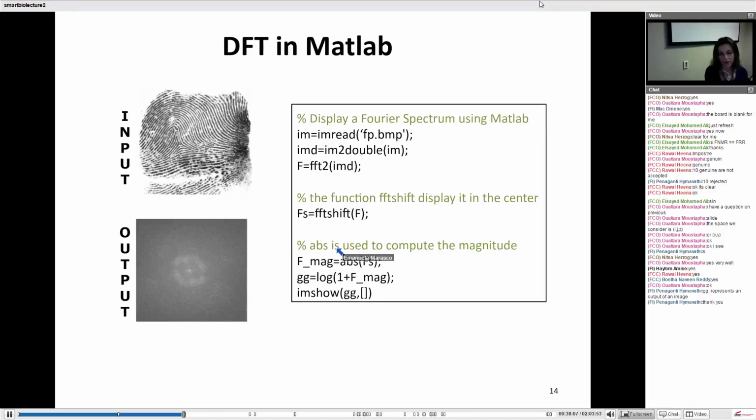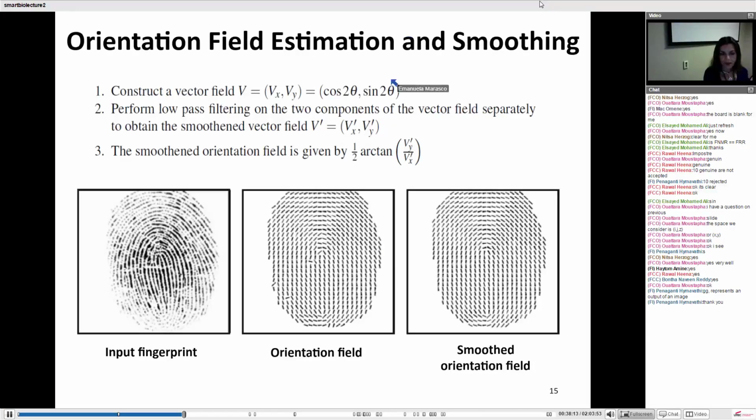The output of the image is related to the Fourier transform output. This was more a representation of the fingerprint.